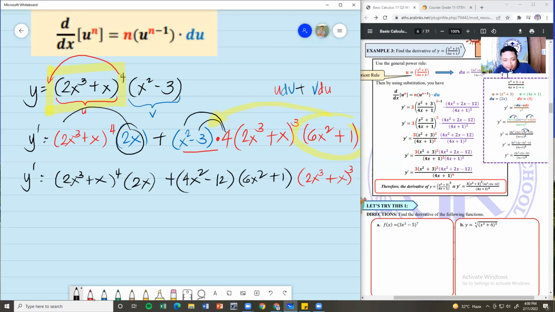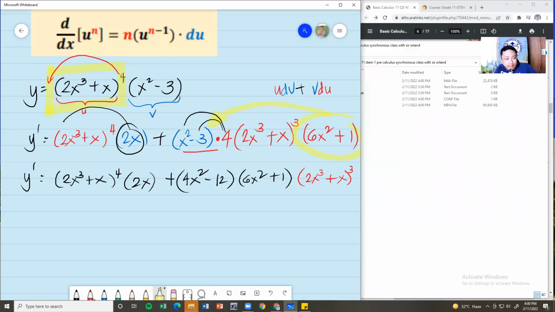The only thing that we can simplify further will be this. Why? Because their exponents are already 1, and they are both binomials. So therefore, we can apply the FOIL method here. So we will have y prime is equal to, copy this.